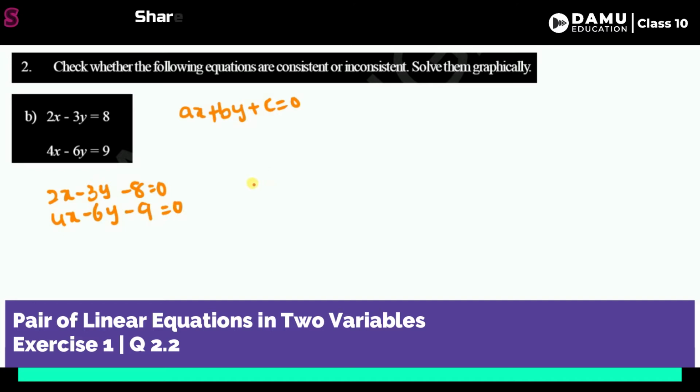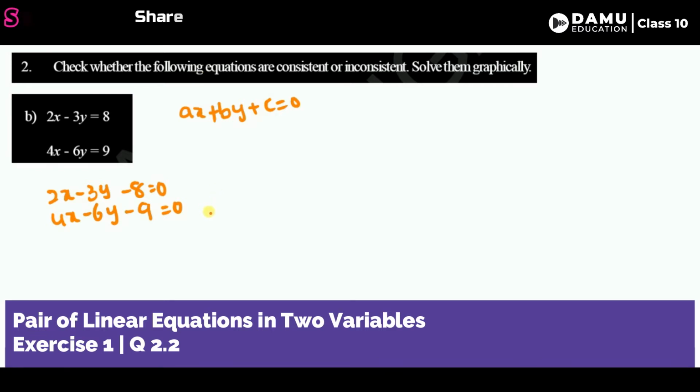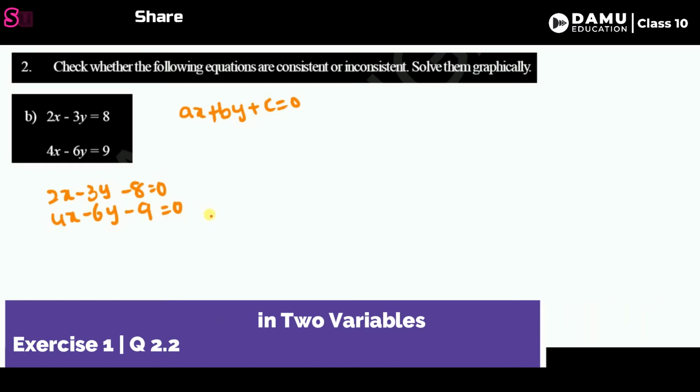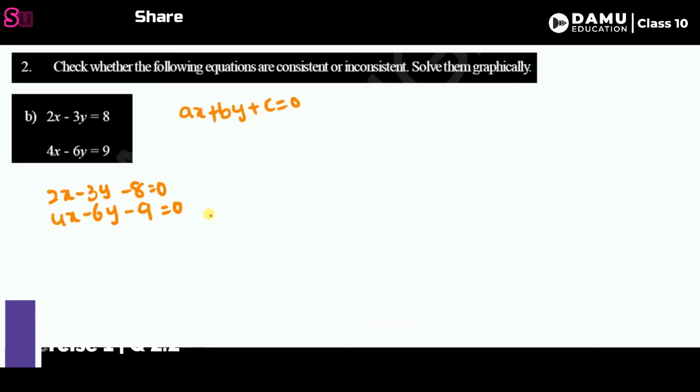So let's take this one. By seeing itself, we can say whether it is consistent or inconsistent. Consistent means, as we already told, a unique solution will be there. Inconsistent means there is no solution, there are no intersecting lines. The two lines will be parallel. So in order to say that two lines are parallel, there is one condition.